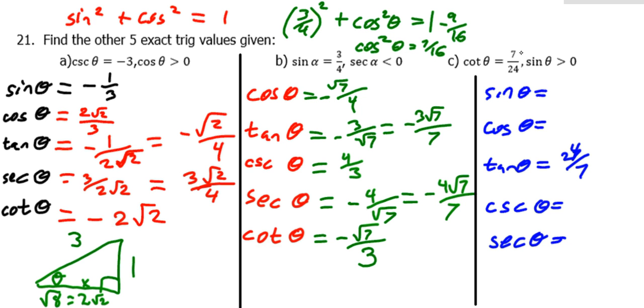So cotangent led us to tangent. So this is the opposite side, this is the adjacent side. 24 is the opposite side, 7 is the adjacent side. So we're going to find the hypotenuse. 7 squared plus 24 squared equals the hypotenuse squared.